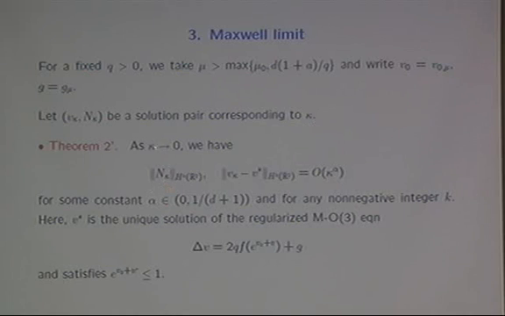Then, as kappa tends to 0, we have this convergence. Here, alpha is a number between 0 and this number. And v star is the unique solution of the regularized Maxwell-Gauged O(3) model.